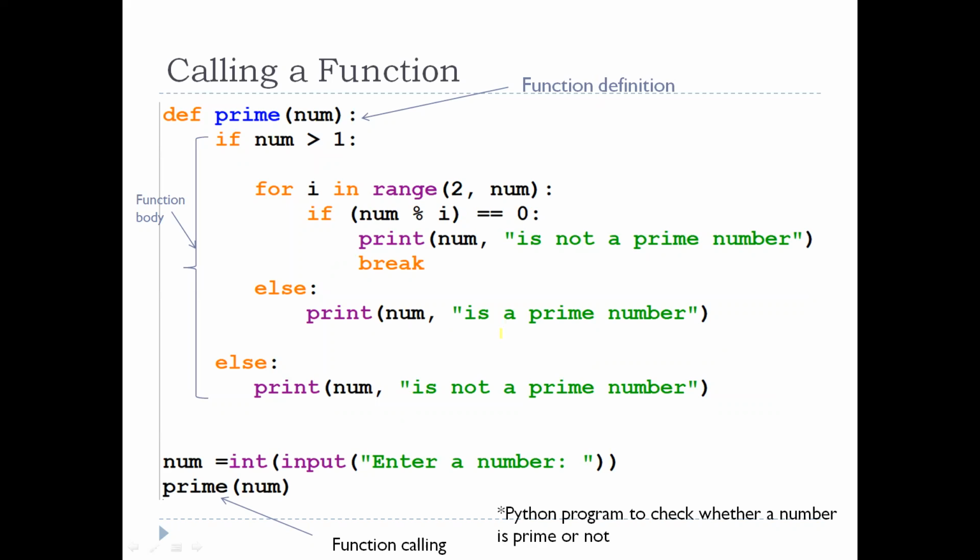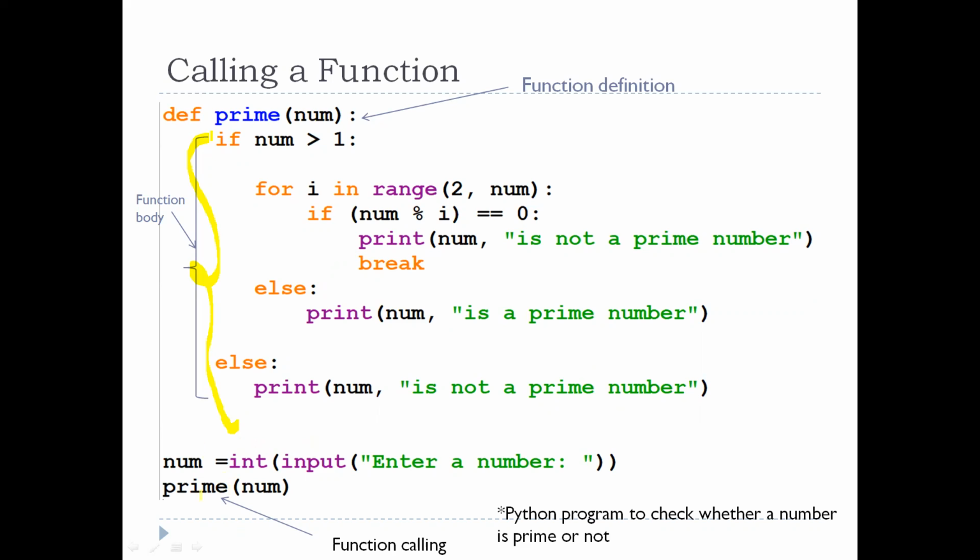This is a Python program to check whether a number is prime or not. Let's first look at the logic, then we will move towards the function definition and function calling.